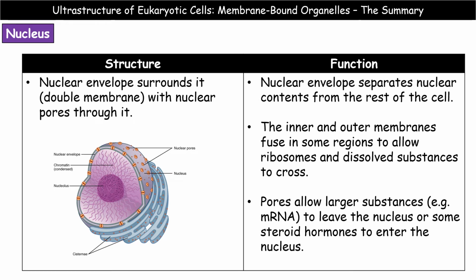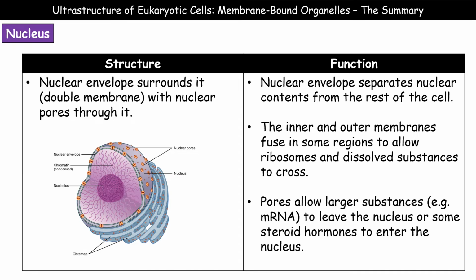What we're going to do then is have a little look at the individual structure. So we're going to break it down into little sections, and then the function of that particular structure. We're just on the nucleus at this point in time, and the first part of the nucleus we're going to look at is the nuclear envelope. Now, we don't say that the nucleus has just a membrane.